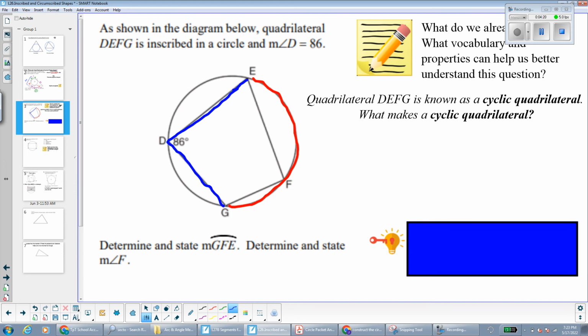And remember that inscribed angles are half the measure of their intercepted arcs. So if we know that angle D is 86 degrees, what is arc GFE going to be? If you said 172 degrees, that would be correct.